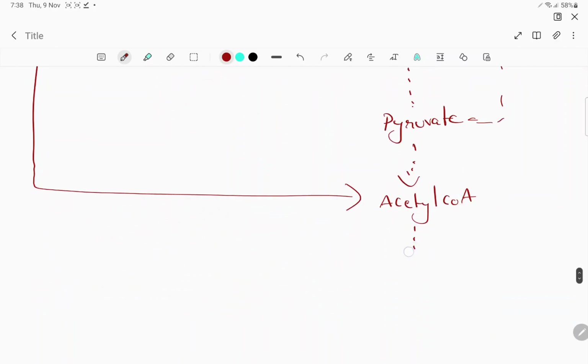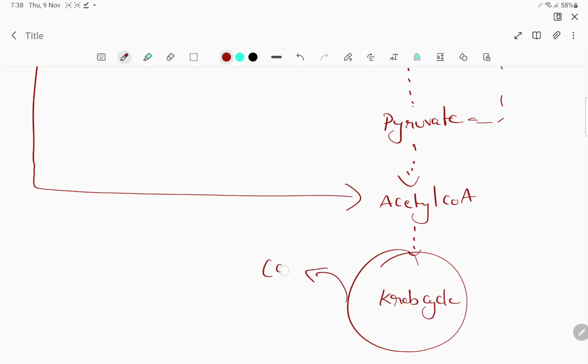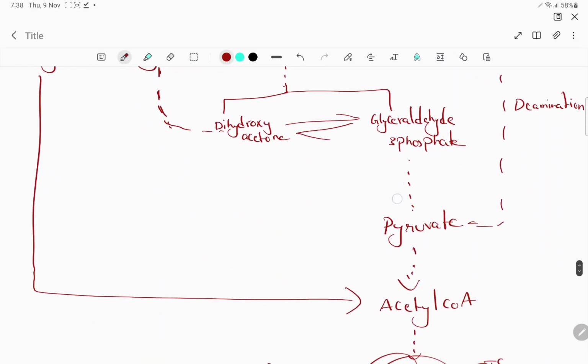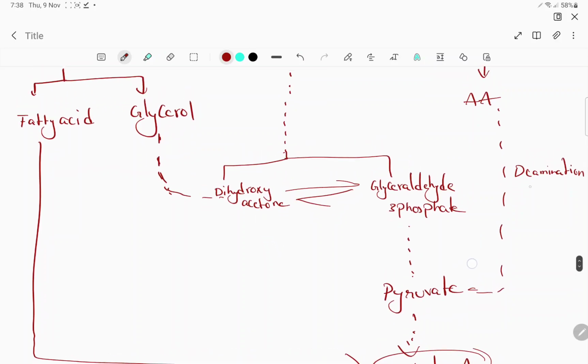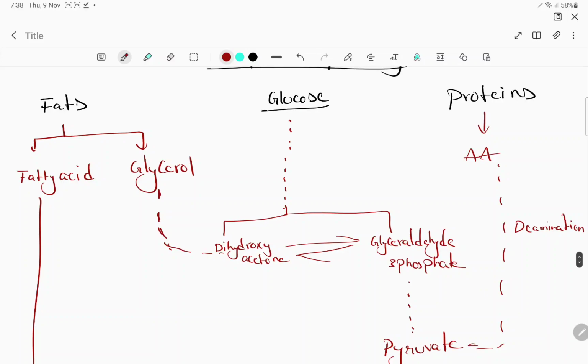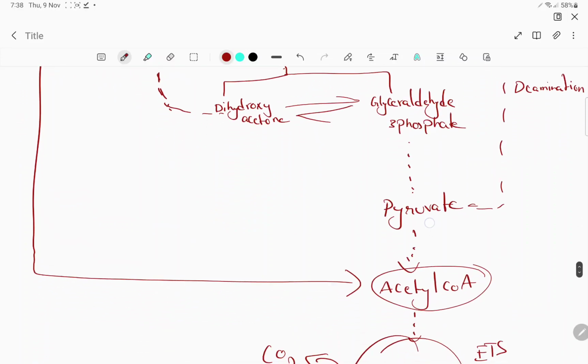Acetyl CoA goes to the Krebs cycle, carbon dioxide is removed, and it goes to the ETS, where water is formed. This is the amphibolic pathway, because you can take the acetyl CoA for the preparation of fatty acid, and the glyceraldehyde 3-phosphate for the preparation of glycerol. We can consider the pyruvate for the preparation of amino acids by amination and later proteins. Like this we can make it an amphibolic pathway.